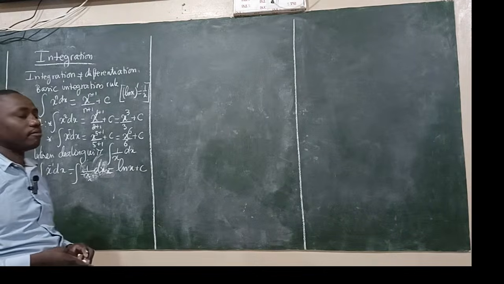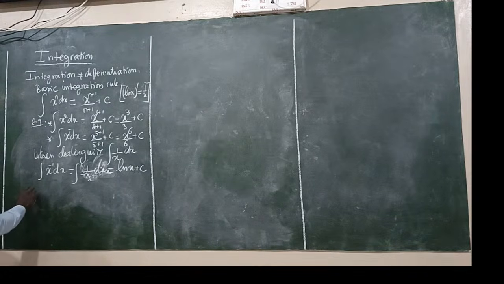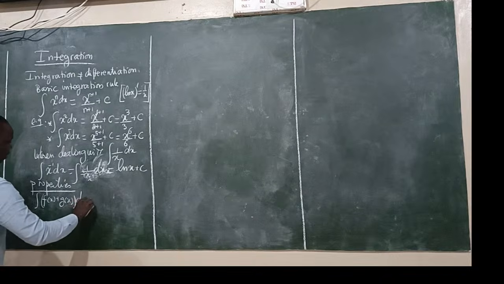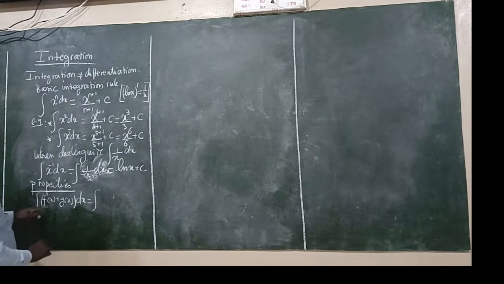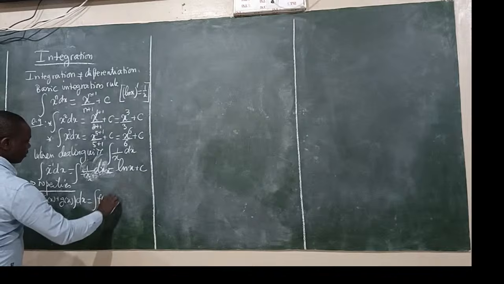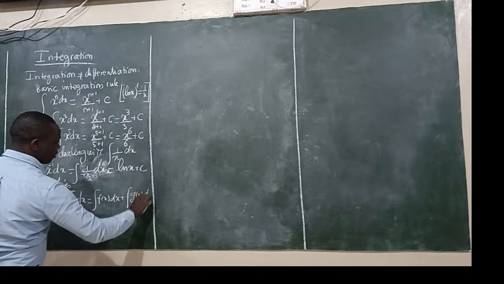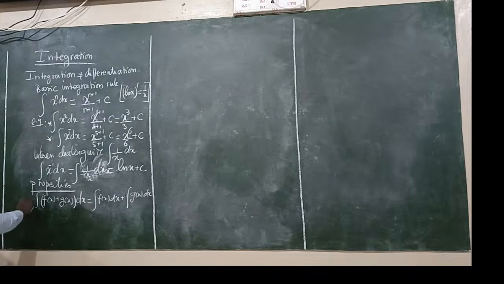We are going to see basic integration properties. The integral of f of x plus g of x with respect to x is the integral of f of x dx plus the integral of g of x dx.